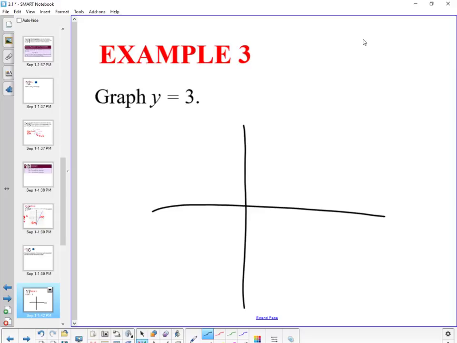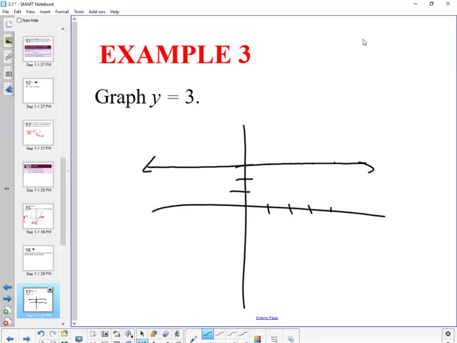When? Always. Y will equal 3 always. It doesn't matter what you pick for x. Guess what y is going to be? 3, because it said so. So when I go 1, 2, 3, everything that I pick is going to be y equals 3. If I pick 2, y is going to be 3. If I pick 3, y is going to be 3. Y will always be 3.